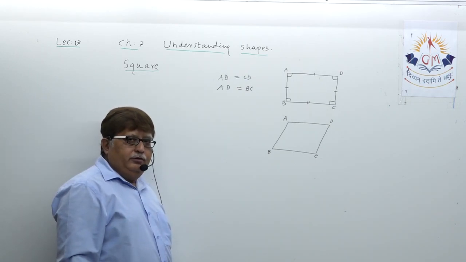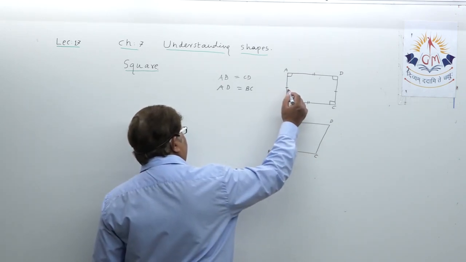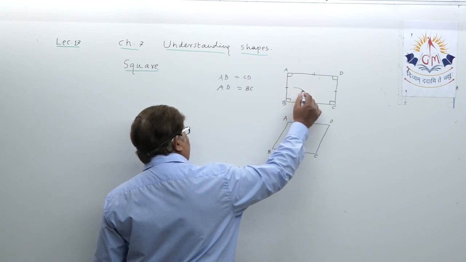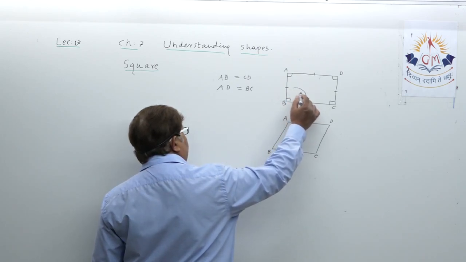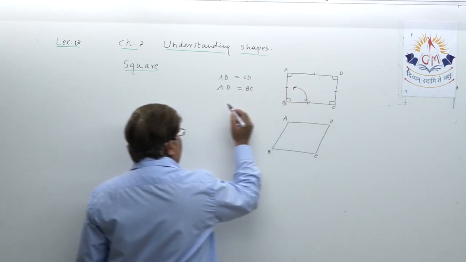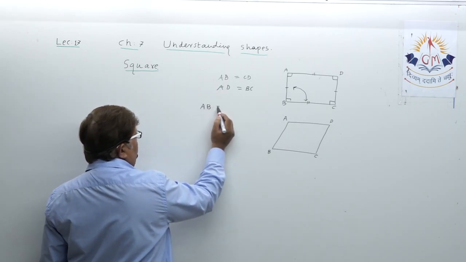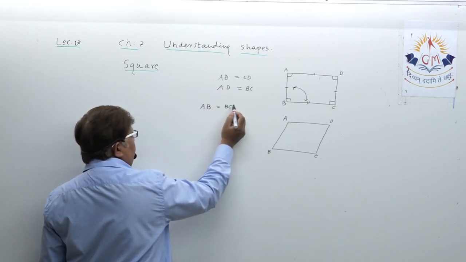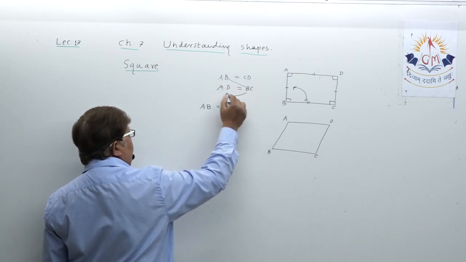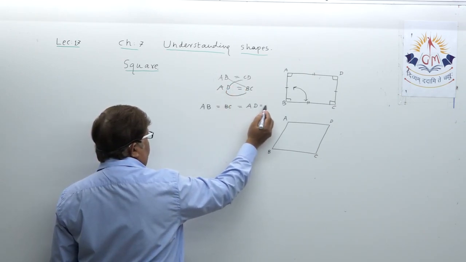If I just say that in this rectangle, one pair of adjacent side congruent, that means if I say AB equal to BC, obviously if I say AB equal to BC, indirectly AD equal to CD also.